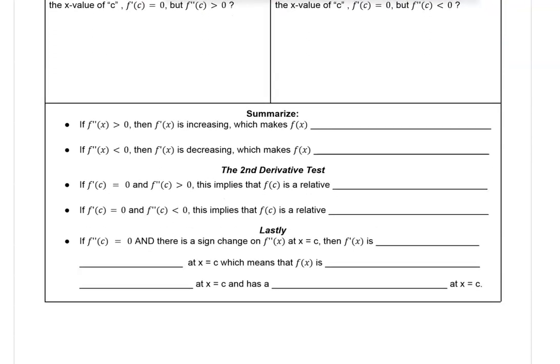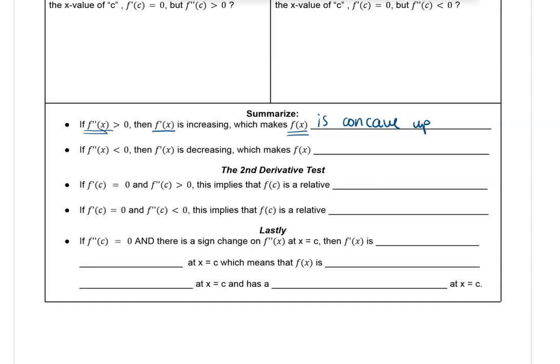So the sign of the second derivative tells us the concavity of the very original function. So if the second derivative is positive, that means the first derivative is increasing. That means the original function is concave up.